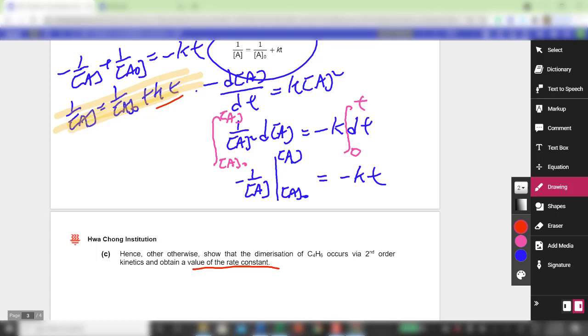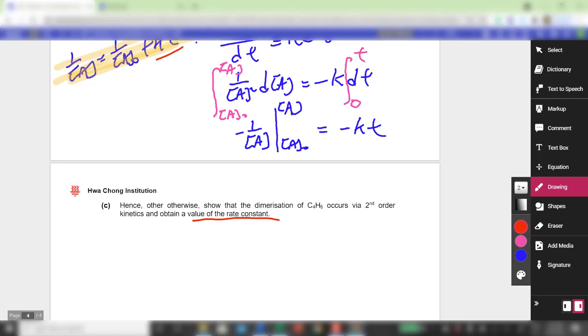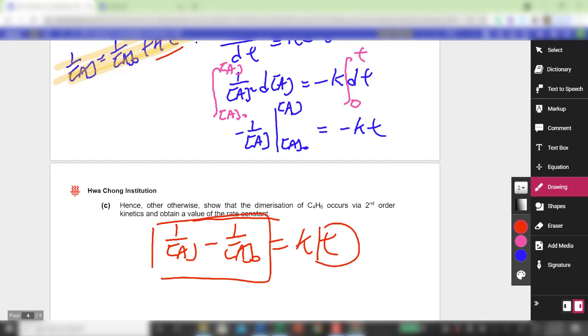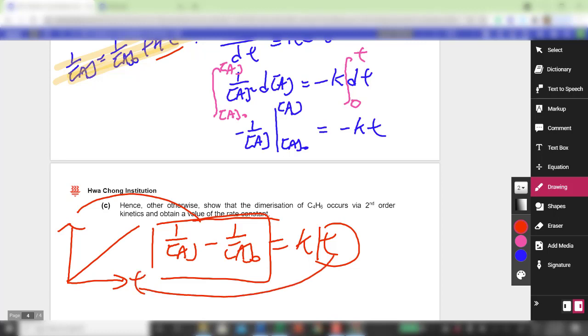So I think in this case the simplest line to plot will be 1 over A minus 1 over A naught equals to kt. We can simply plot this against t, and if it's indeed a second order kinetics, we will get a straight line that passes through the origin.